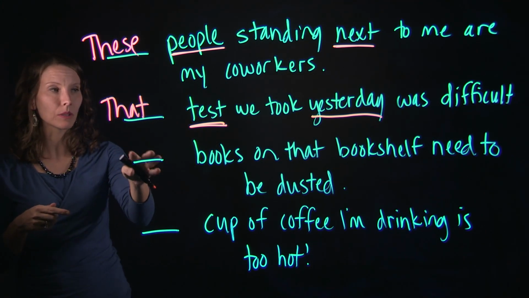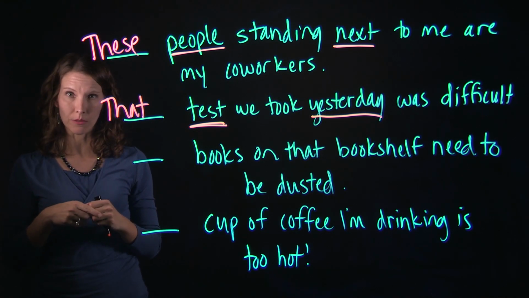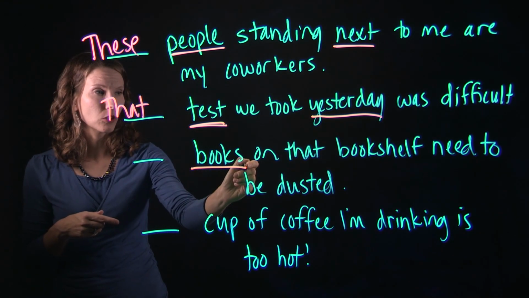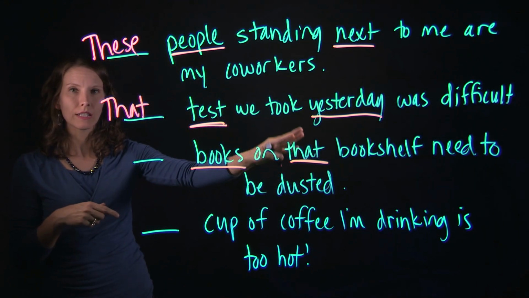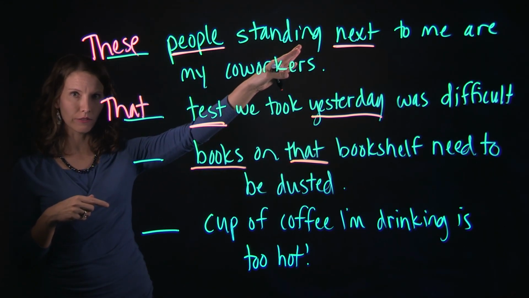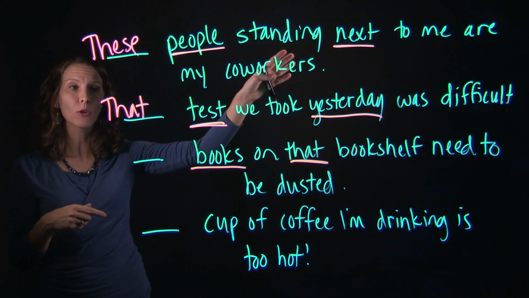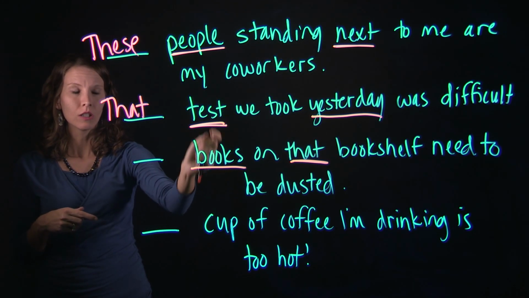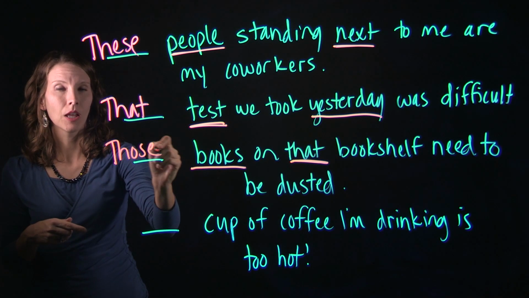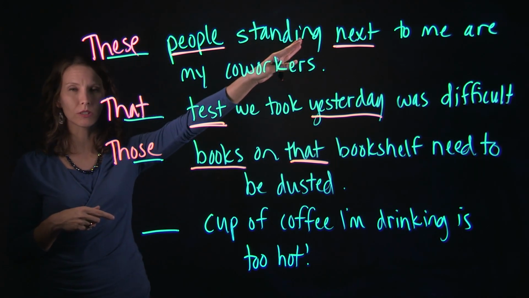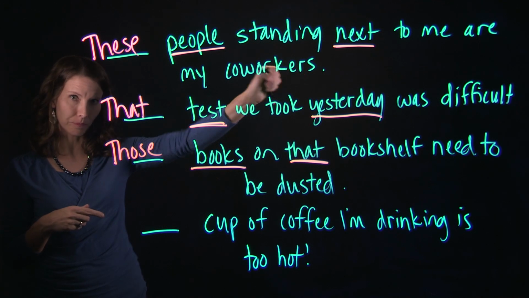The next one, blank books on that bookshelf need to be dusted. It's plural, and this is your clue. If I'm referencing the bookshelf, that bookshelf, then I'm referring to something that's far away. So if I have plural and it's far away, I would use those. Those books on that bookshelf need to be dusted.